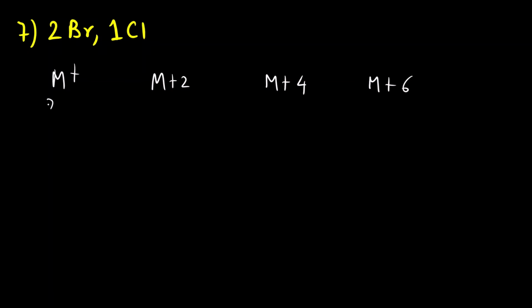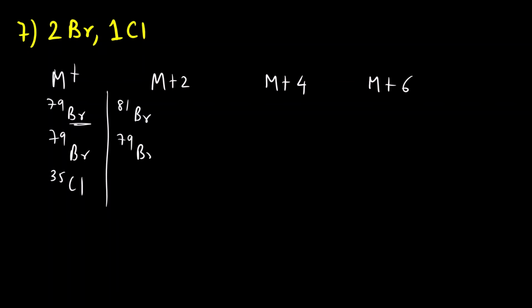So M plus means keep all of them the lower value, lower mass, 79Br, 79Br and 35Cl. M plus 2, first I will increase the mass of 79Br, that will be 81Br, remaining 2 I will keep same, 79Br, 35Cl. Now second isotope I will increase, let's say 81Br, and remaining 2 I will keep as it is, 79Br and 35Cl.